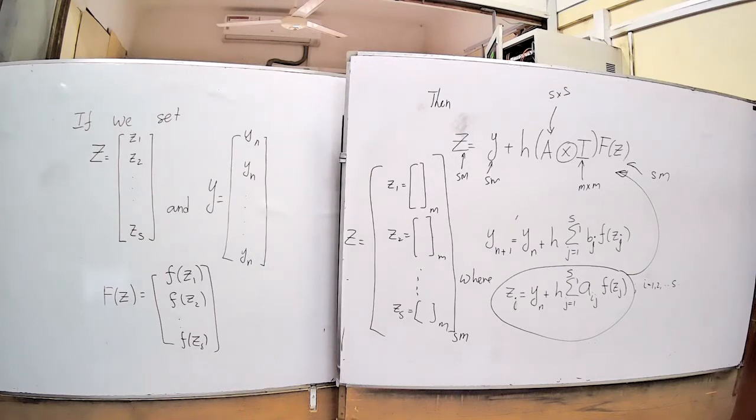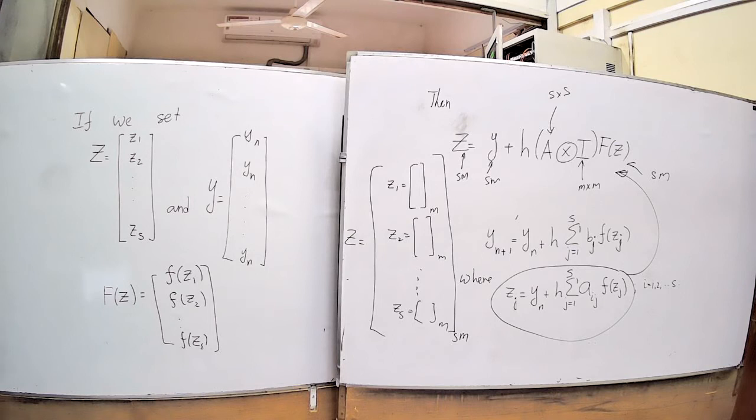h is a constant number, as you know, times a matrix. That matrix is of size SM cross SM because it is written as a tensor product of two matrices of sizes S and M, multiplied by another vector. F of Z is again a vector of the same size, SM.